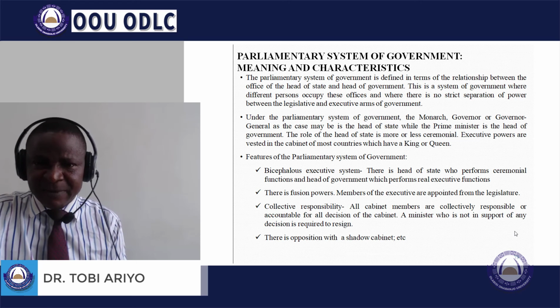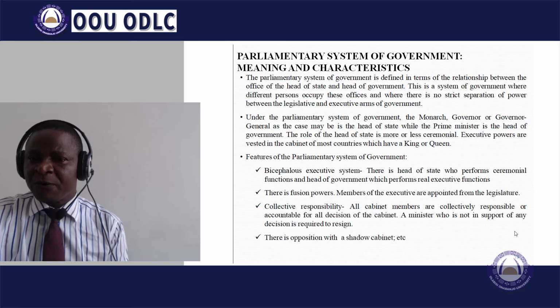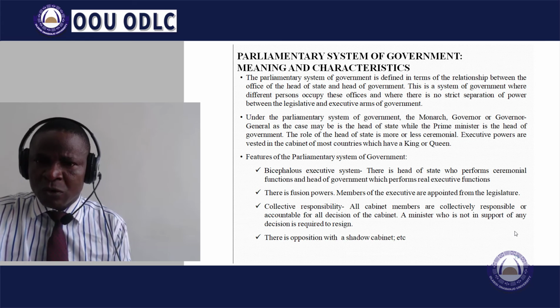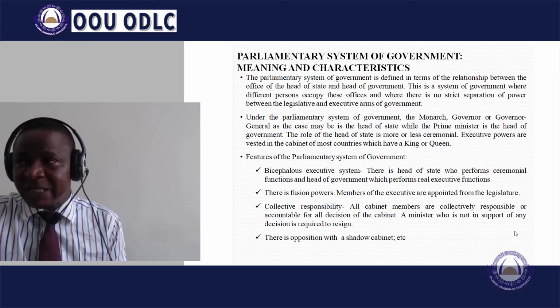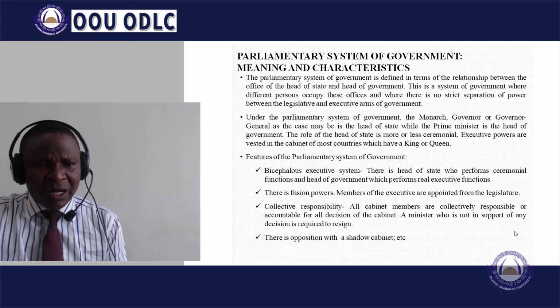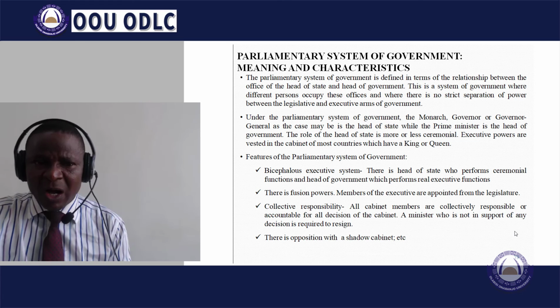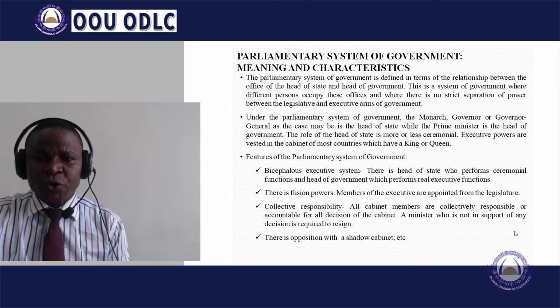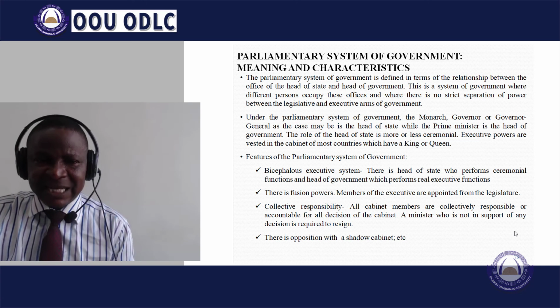In this system, different persons occupy these offices, and there is no strict separation of powers between the legislature and the executive. Under the parliamentary system, the monarch, the governor, or the governor general is usually the head of state, while the prime minister is the head of government.